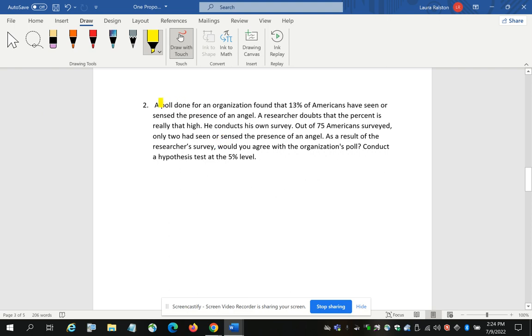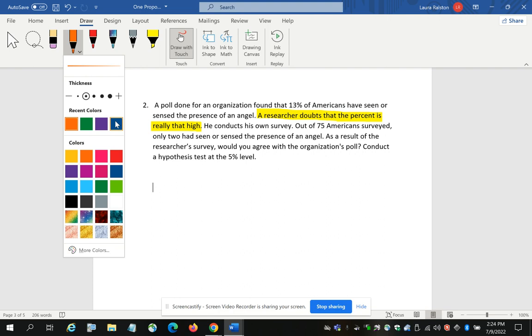They tell us what the poll says, and then it says the researcher doubts the percent is really that high, okay? So this statement that I've highlighted in yellow is actually the hypothesis.